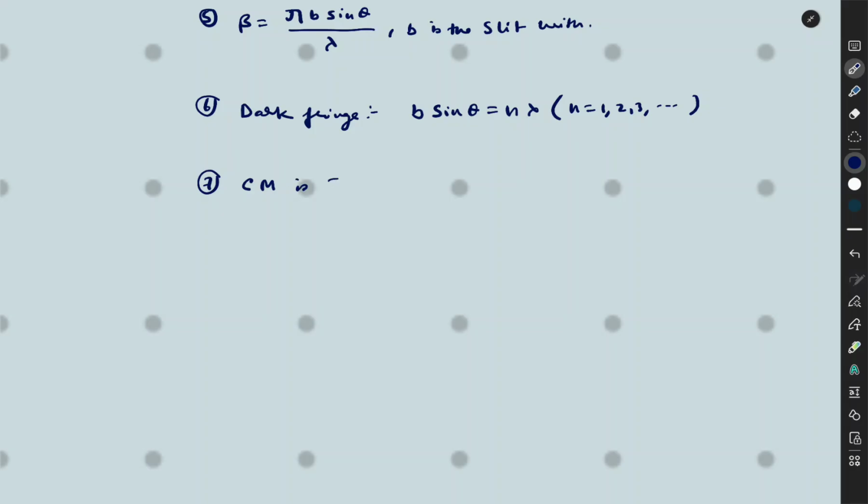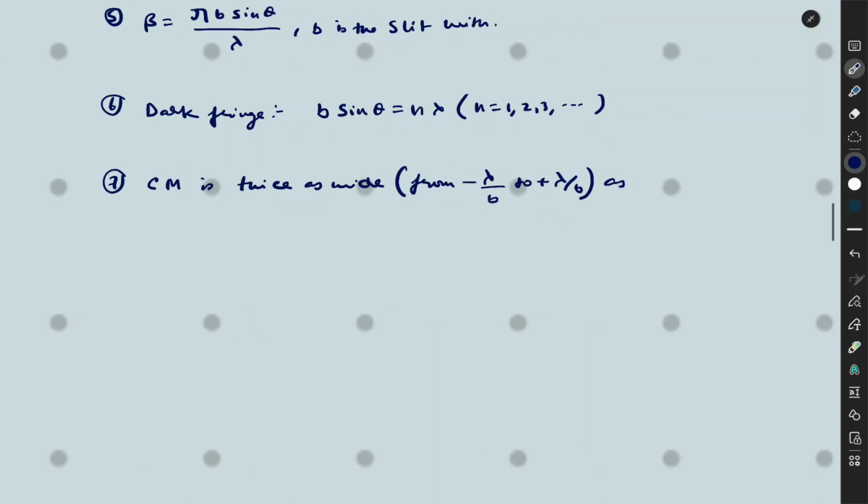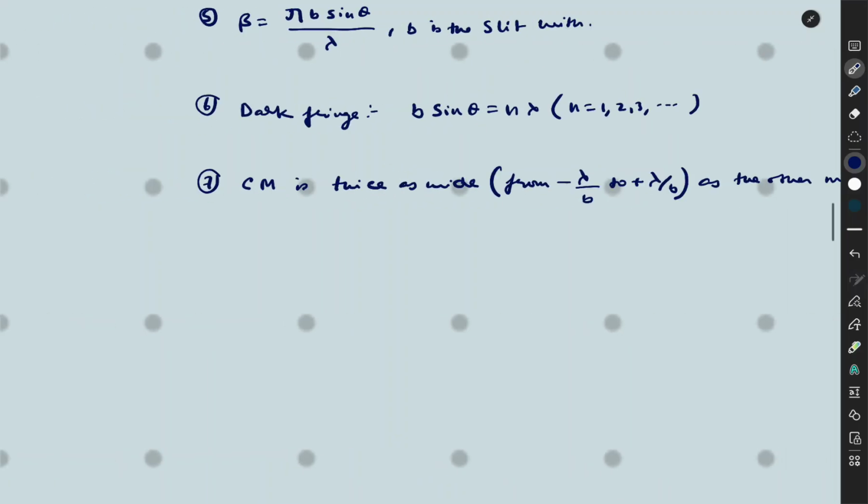That is, twice as wide, from minus lambda by b to plus lambda by b, as the other maxima, and it is far more intense.